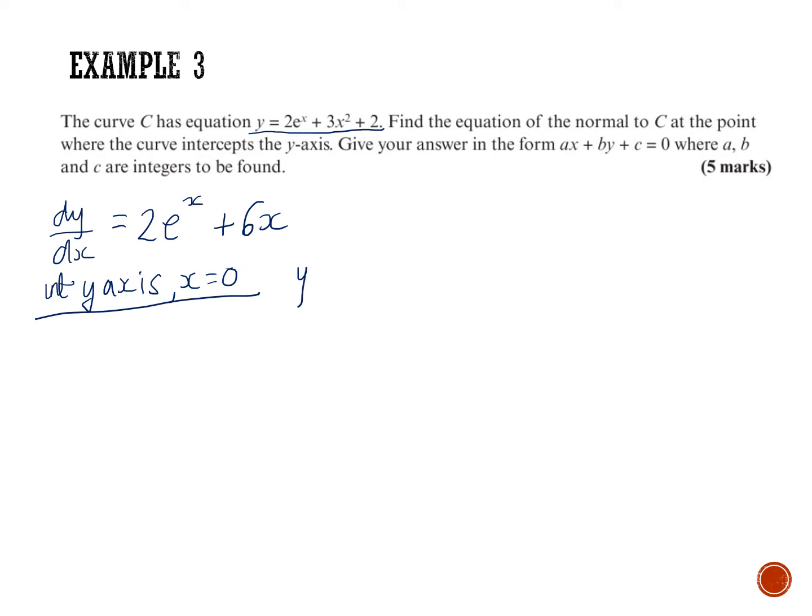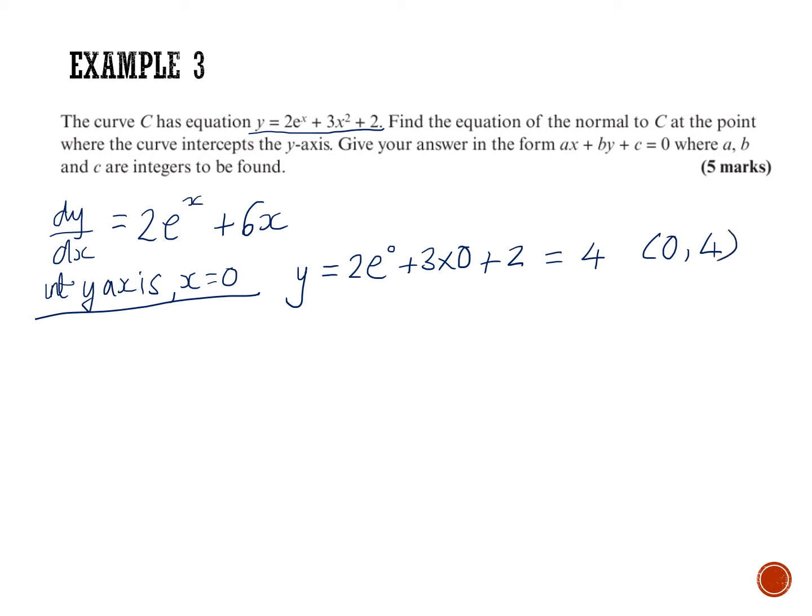So let's find the y-coordinate: 2e to the 0 plus 3 times 0 plus 2. So the value is going to be 4. So the point where it intercepts the y-axis is going to be 0, 4.